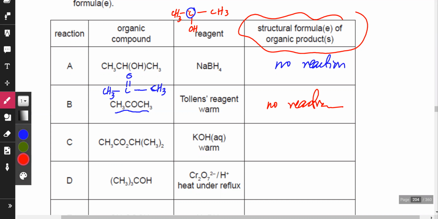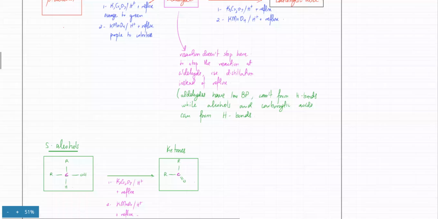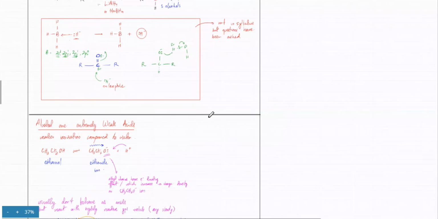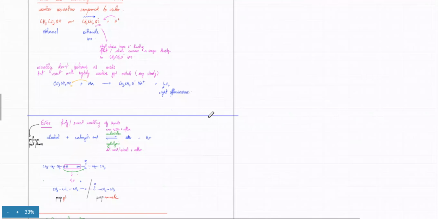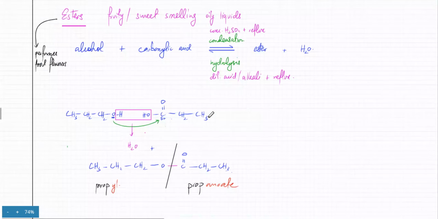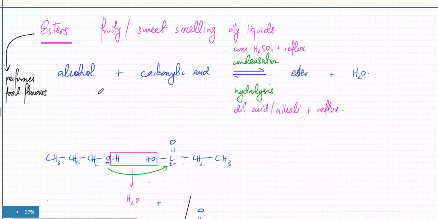Then you have this one, KOH aqueous and warm, and you have this molecule over here. What do you think this molecule is? Isn't it an ester? So we did esters as well. Alcohols and carboxylic acids react to produce an ester in water, and the ester can be broken down.